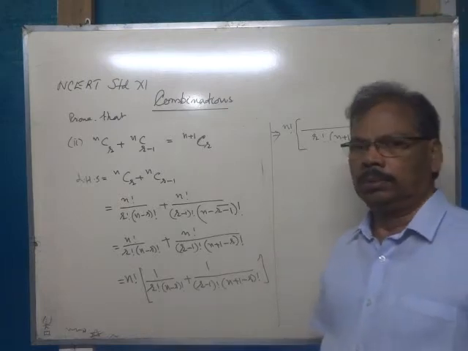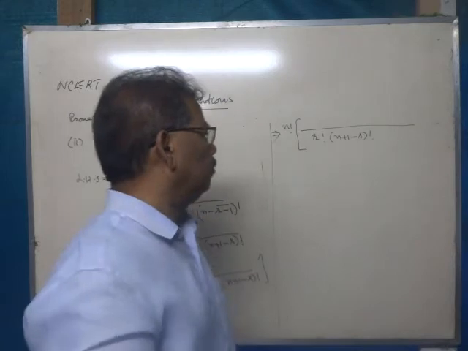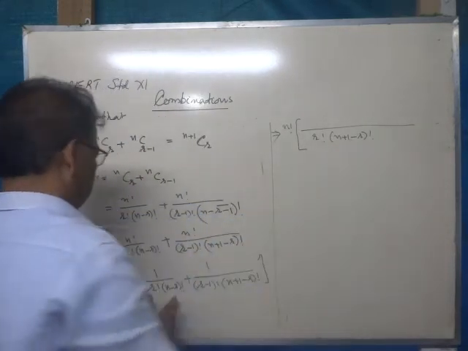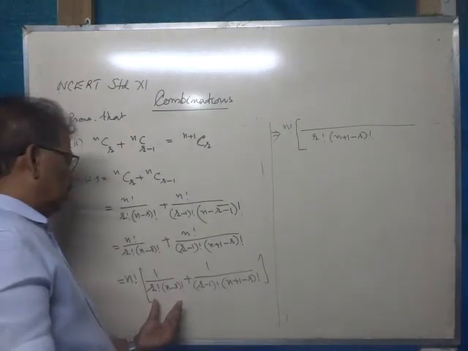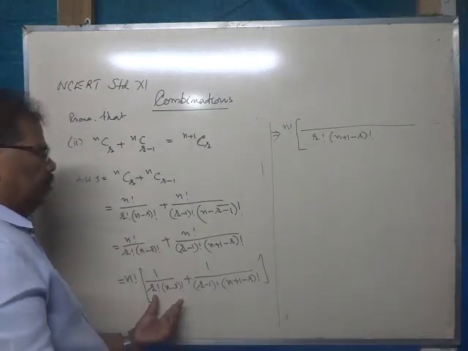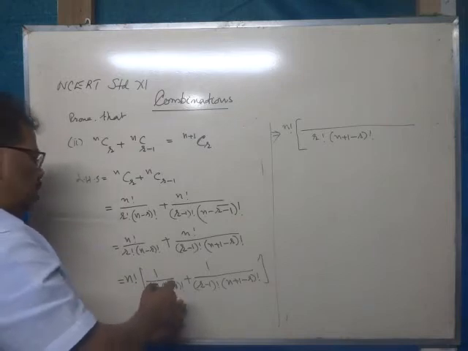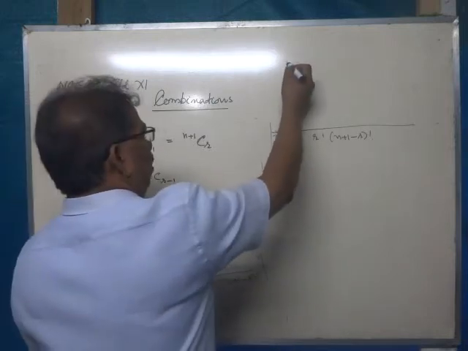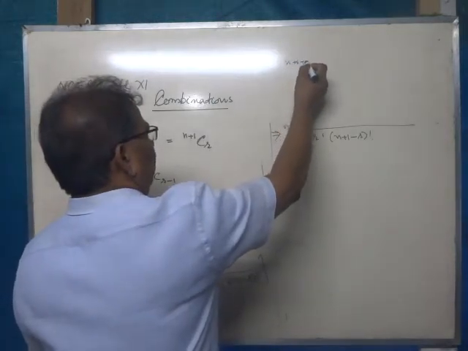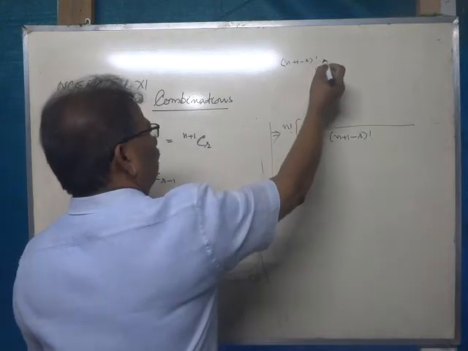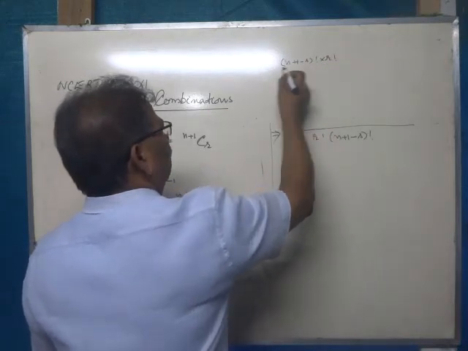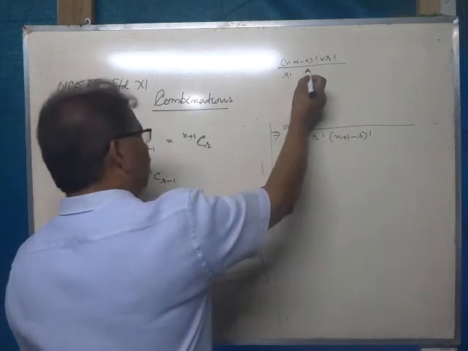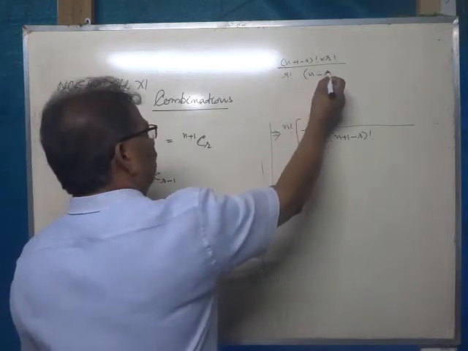Now, we shall divide the LCM by the denominator of the first term, and r factorial and r factorial got cancelled. Then (n plus 1 minus r) factorial into r factorial divided by r factorial into (n minus r) factorial.